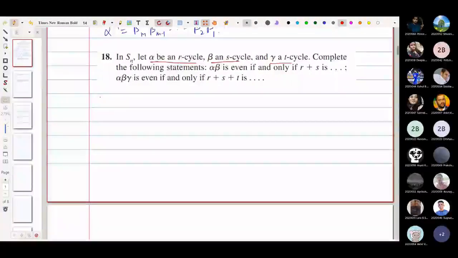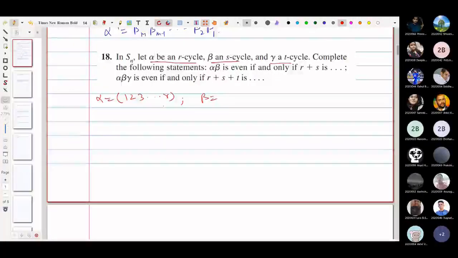So in case alpha is some R cycle, for example, you can write A, B, C, whatever you feel like, or you can write 1, 2, 3 up to R. Okay, this is an R cycle. And then we have beta. Beta is an S cycle.